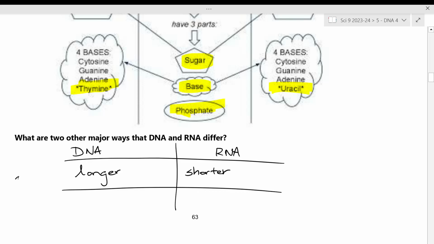The next one, so we can talk about the size and we can talk about the location. Where is DNA found? Nucleus. Where is RNA found?